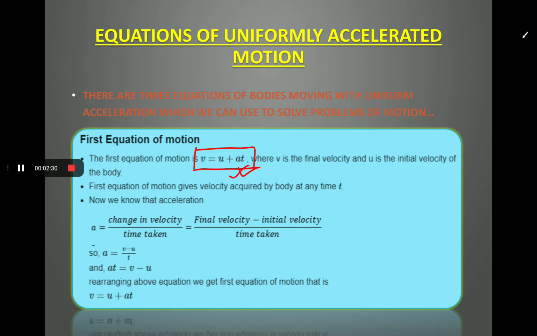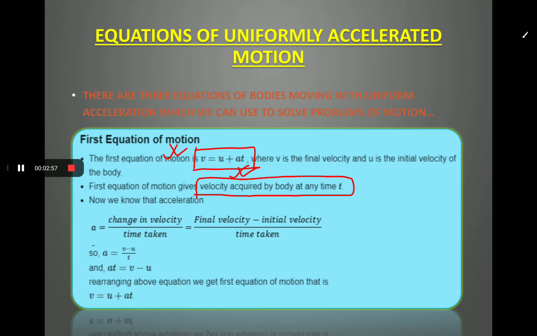To prove this equation mathematically, let us suppose that a body having initial velocity u, moving with uniform acceleration a, after time t has final velocity v. This equation is used to find the final velocity acquired by the body at any time t.